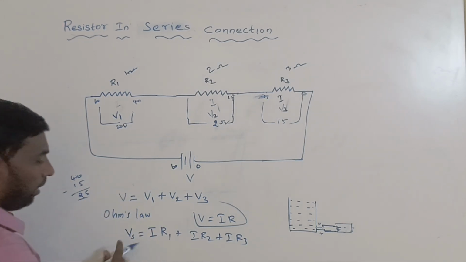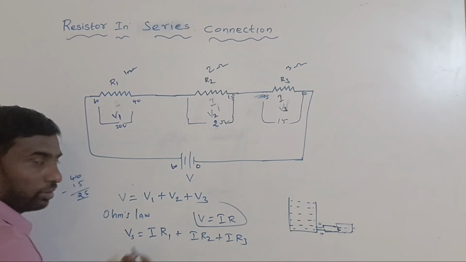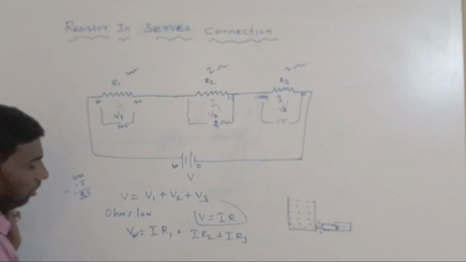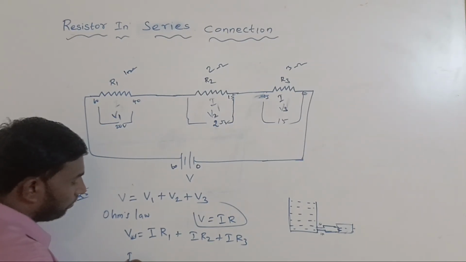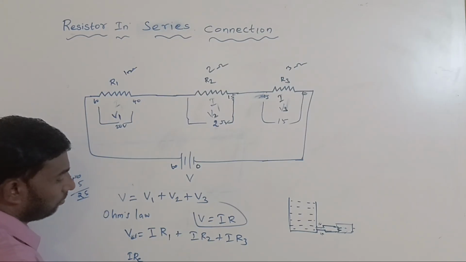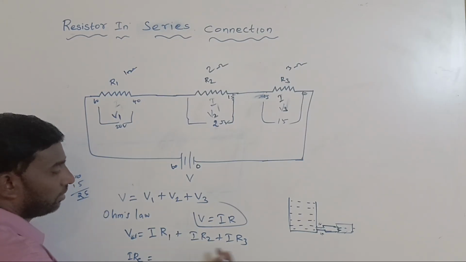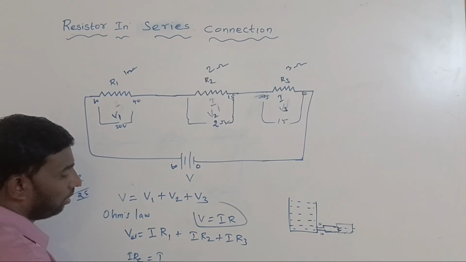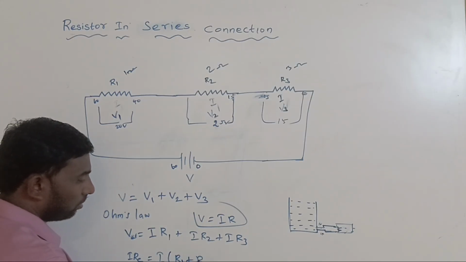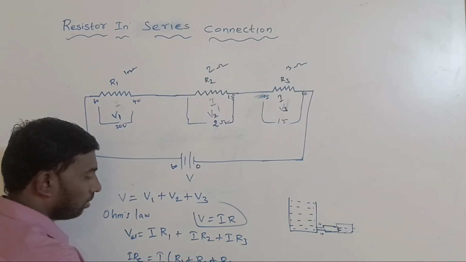So total potential, effective voltage, we say like this: V equal to I R effective. I is common here, so you take out I: R1 plus R2 plus R3.